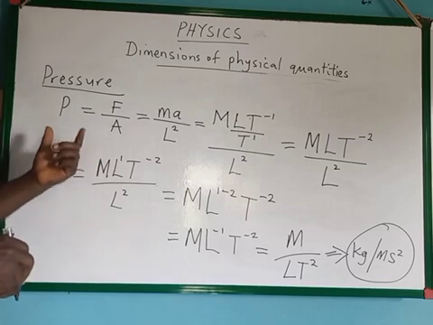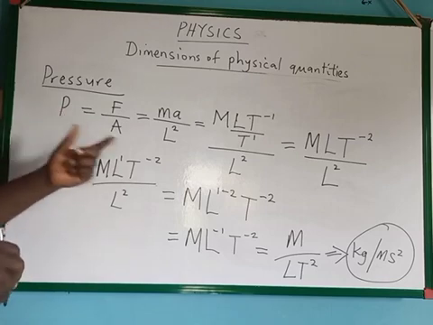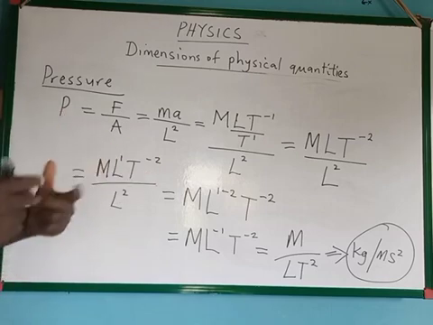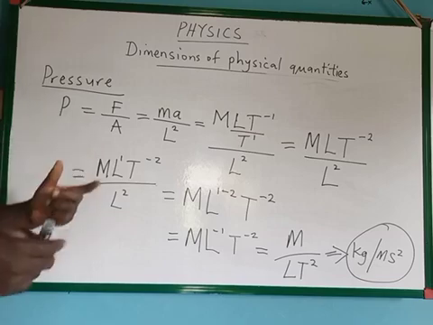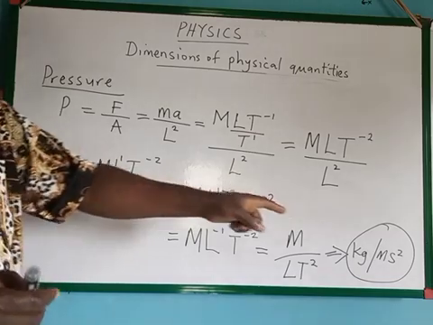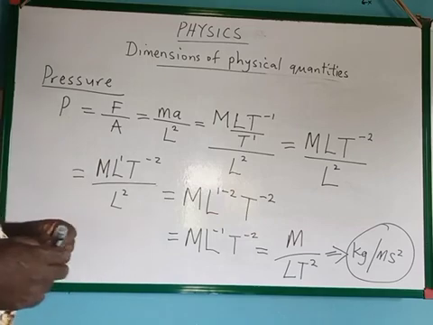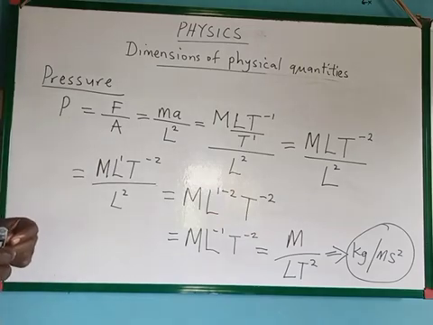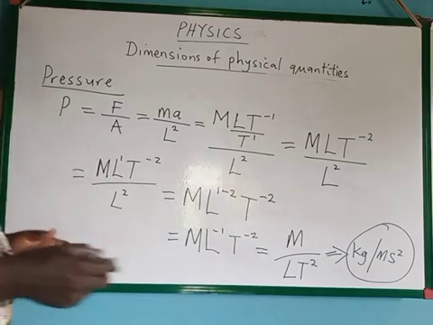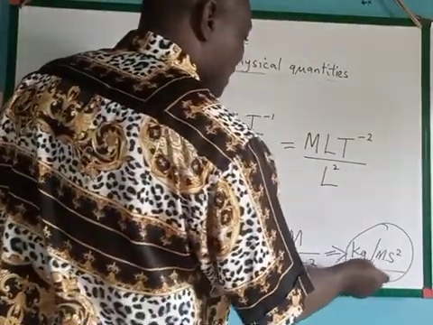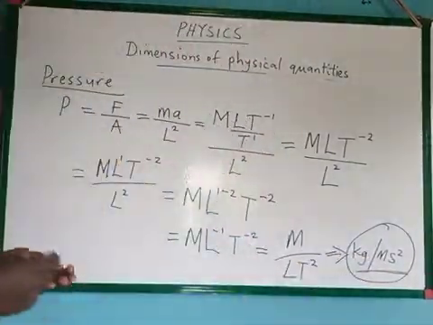But you find that in most cases, when you are given questions or parameters in questions, you might not see that as the SI unit of pressure. But note that this is the component of the SI unit of pressure.